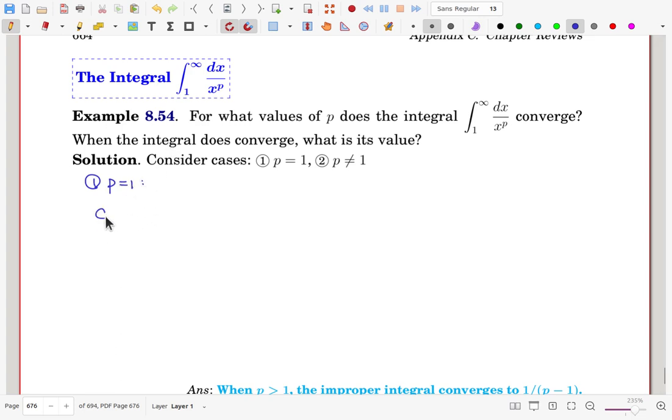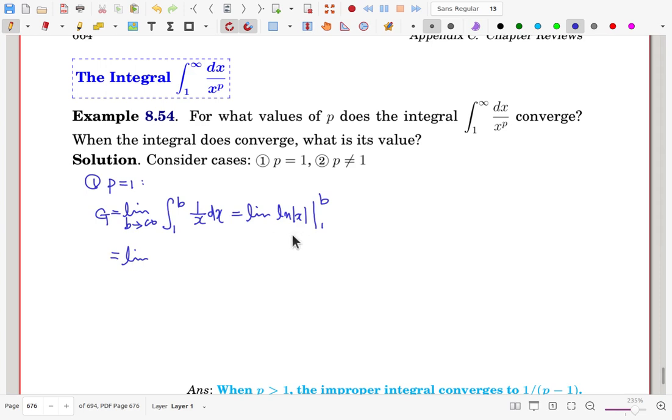Then the given integral is the limit as b approaches infinity of the integral from 1 to b of 1 over x dx. Since p is 1, the antiderivative is logarithm of the absolute value of x. So that is the same limit, and then logarithm absolute value of x evaluated from 1 to b.